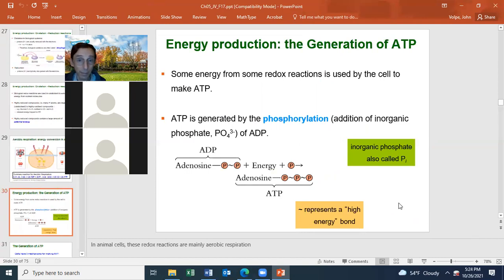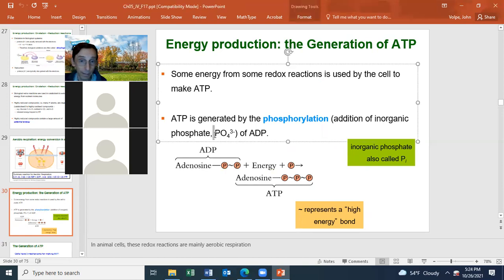ATP is generated by phosphorylation. Phosphorylation just means that a phosphate group is added to ADP. If you don't know what phosphate is, it's this here, PO4, and it has a 3 negative charge. ADP stands for adenosine diphosphate.